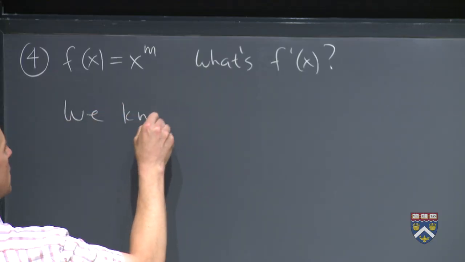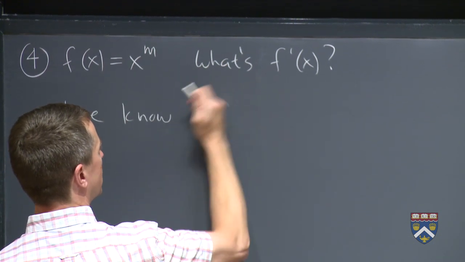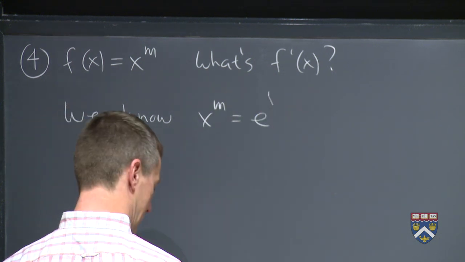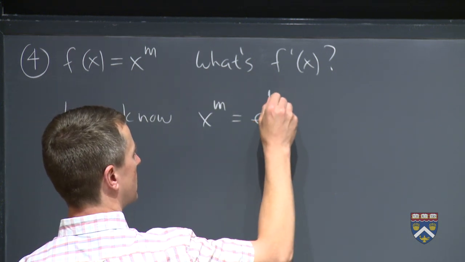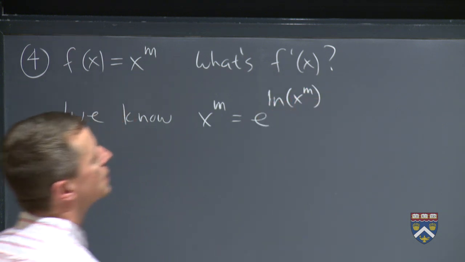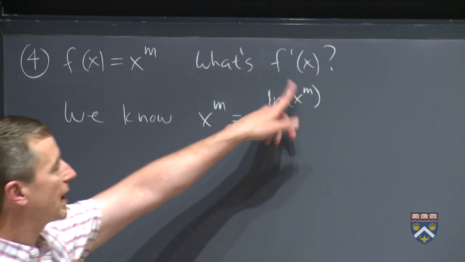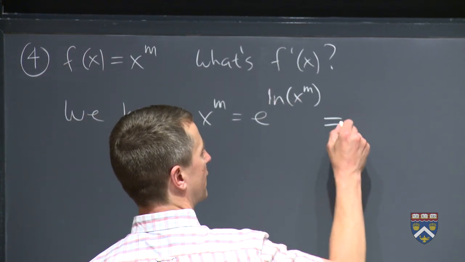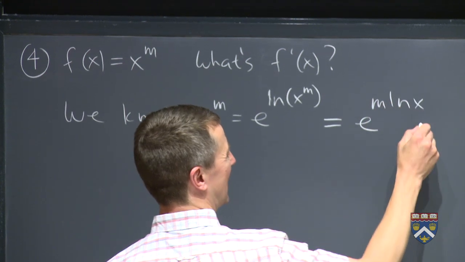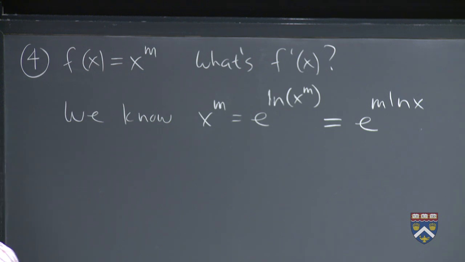So we know that another way of writing x to the m is e to the ln of x to the m, right? Because the e and the ln are inverse functions, so they undo each other. But we have our log rule, which says we can bring that m out front. So e to the m ln of x.